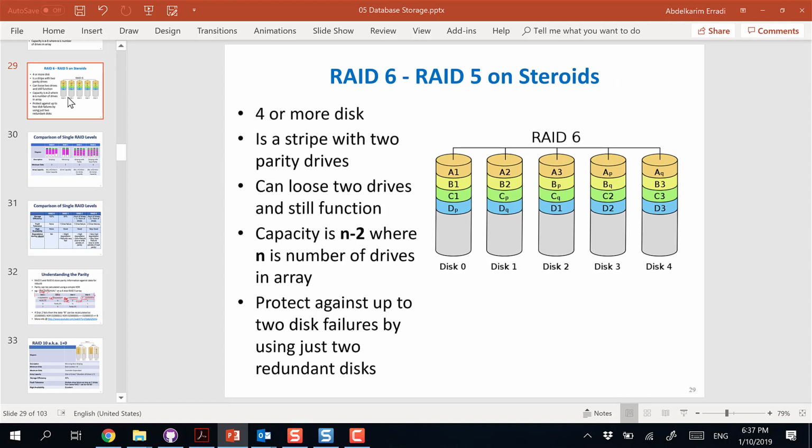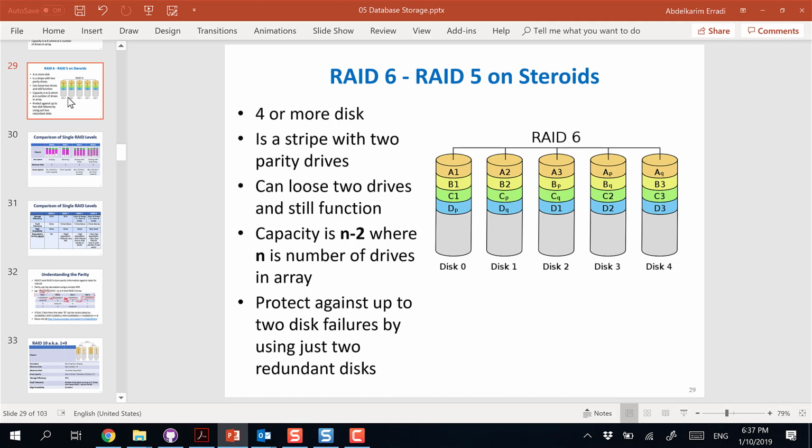So with RAID 5, you have at least 3 disks. You keep striping the data across the disks, and for the number of disks minus 1, let's say you have 4 disks, you stripe 3, and you compute the parity and put the computed parity in the 4th disk.